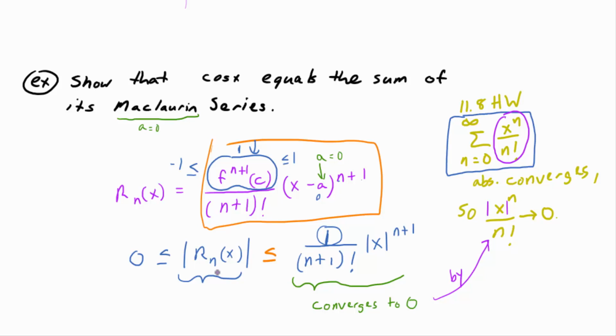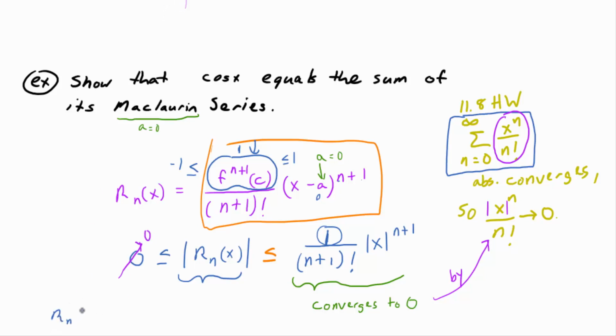We have a theorem that says if the absolute value of a sequence converges to 0, you think of Rn of x as a sequence, not a series, then Rn of x converges to 0, right? Okay, so of course 0 converges to 0, so the absolute value of Rn of x is squeezed down to 0.